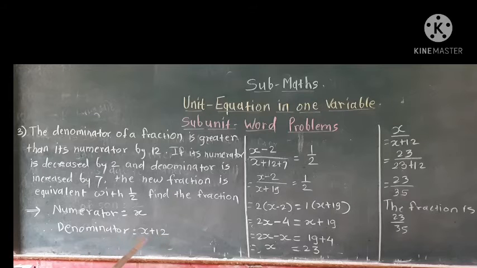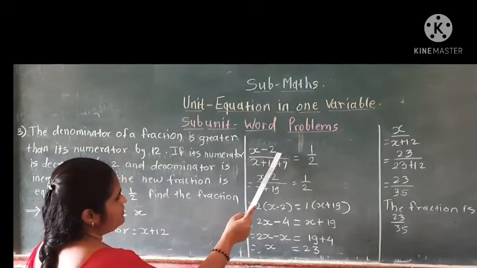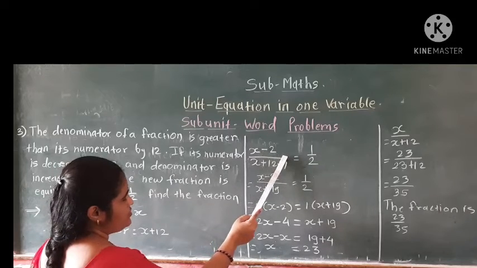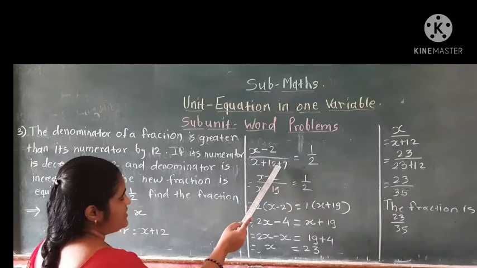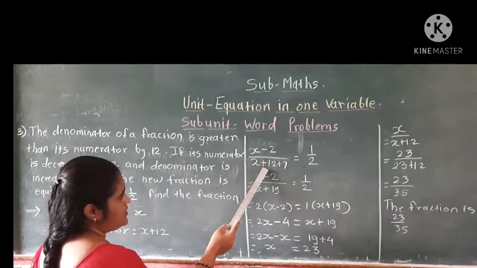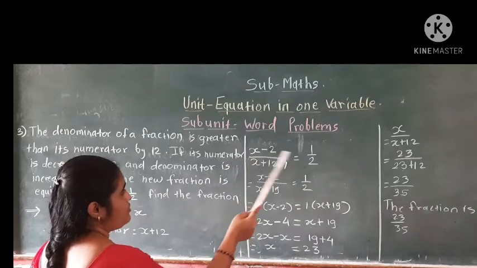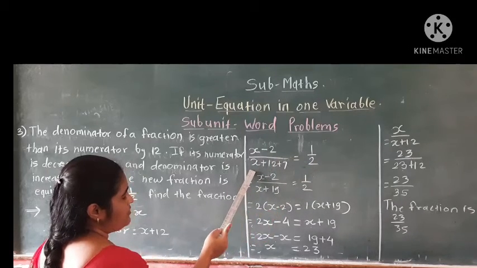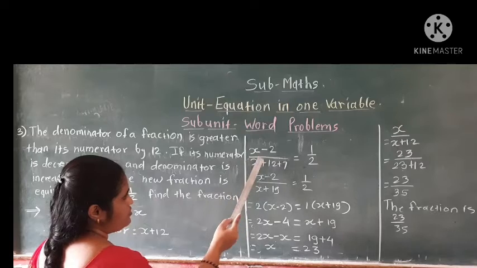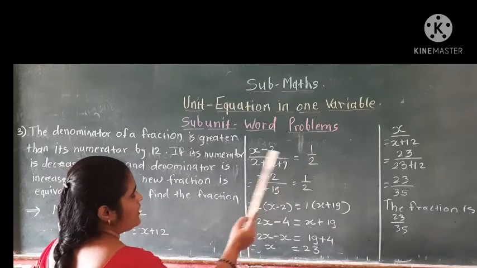According to the given condition, if we subtract 2 from the numerator, it becomes x minus 2, and if we add 7 to the denominator, it becomes x plus 12 plus 7. This whole fraction is equivalent to 1 by 2. So the final equation is x minus 2 divided by x plus 12 plus 7 is equal to 1 by 2.